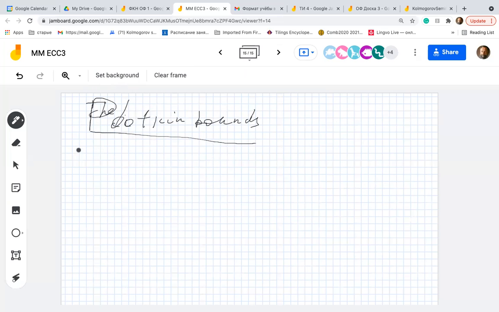Let's start in the simplest case, first for the binary alphabet, q equals 2.